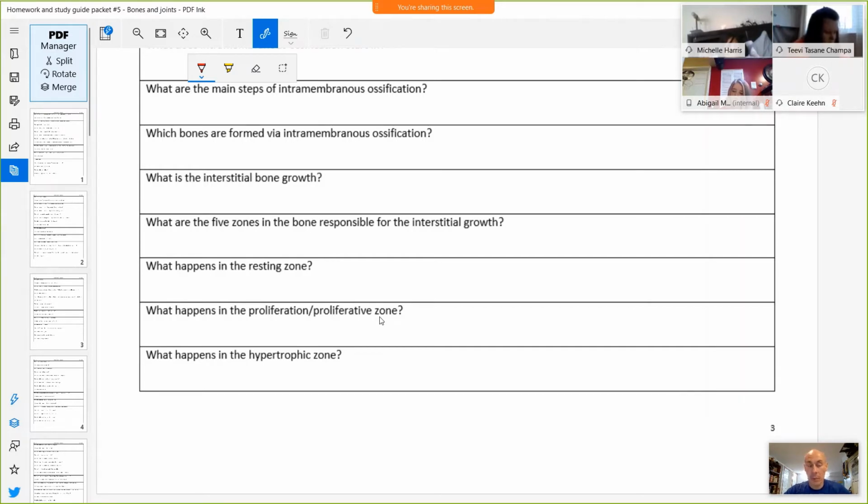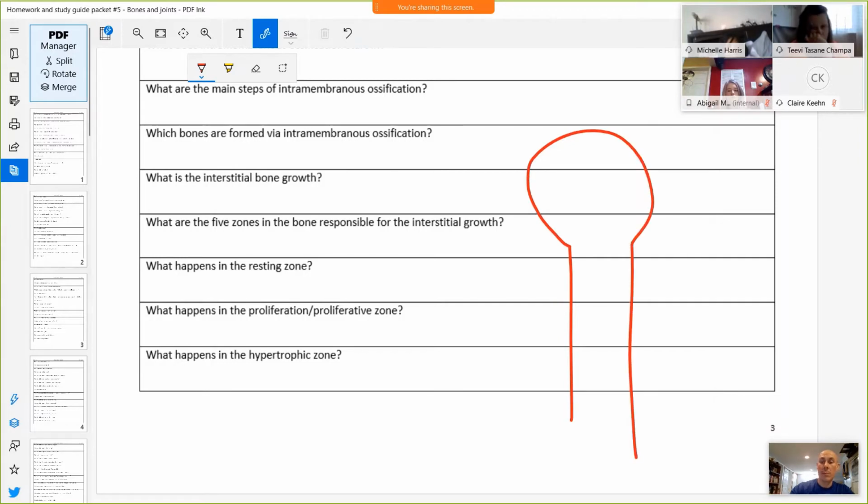Okay? So basically what happens, and sometimes you have to imagine that. Remember we were talking about the growth plate? So you have that bone, you have a growth plate here. So in that growth plate, new layers of cartilage are formed, but the old layers of cartilage are removed and replaced with the bone.